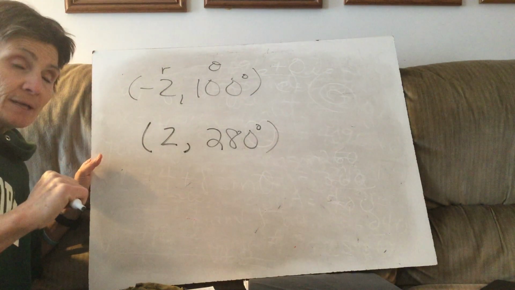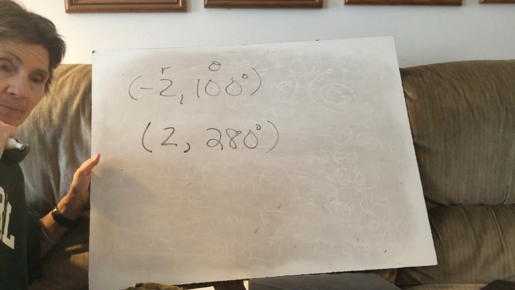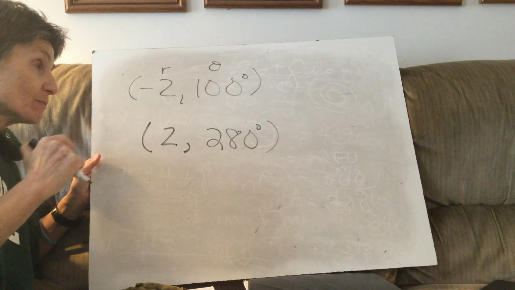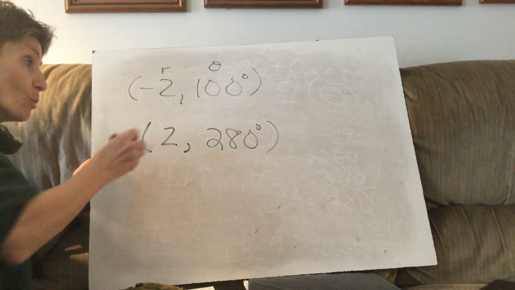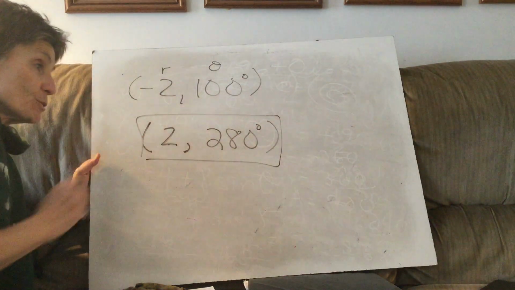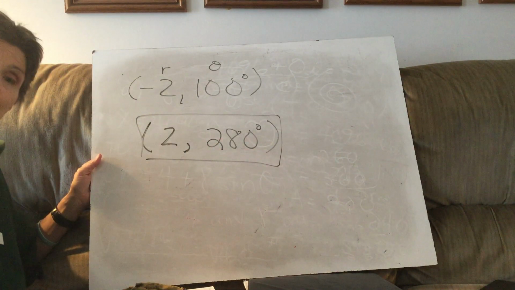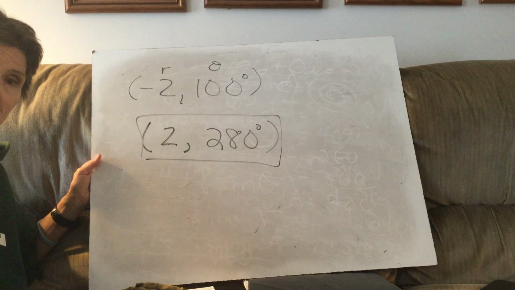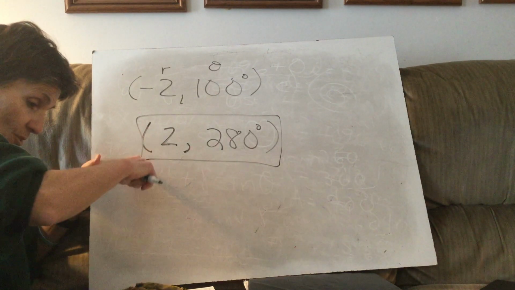If you think about it, the opposite direction is 180 degrees different. So when you change the sign on your R, your angle changes by 180 degrees. So this is the answer to number 3.